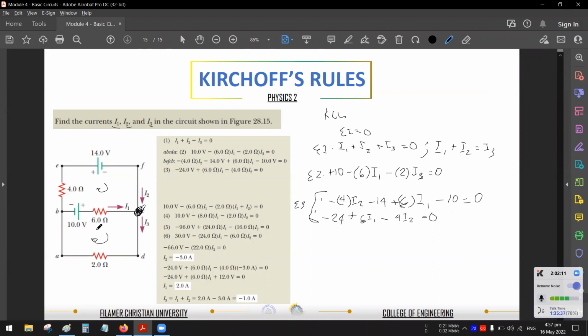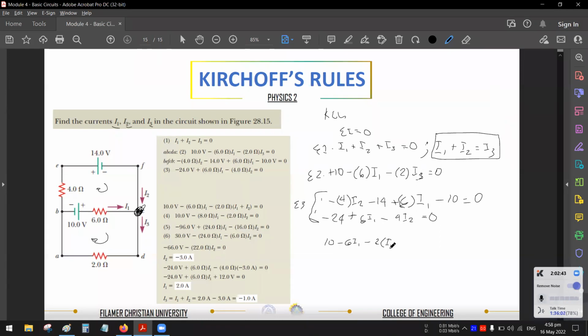Okay, so clockwise pa rin yung direction natin. And in this case, yung I3 natin na to, substitute natin dito. Okay? So therefore, you have now your 10 minus 6i sub 1 minus 2 times, yung I3 natin is I sub 1 plus I sub 2.